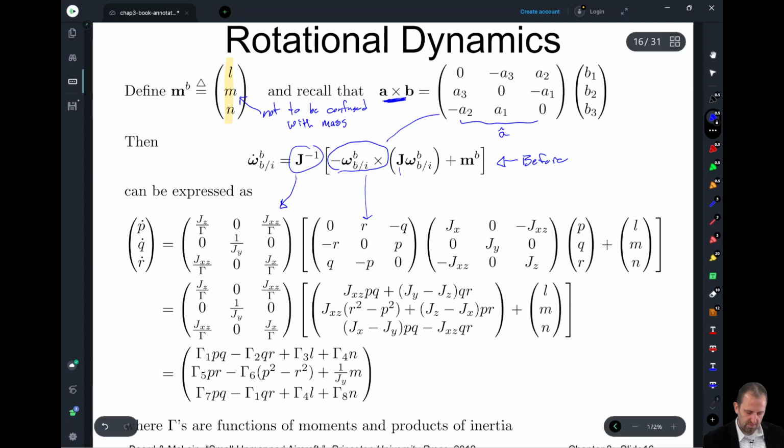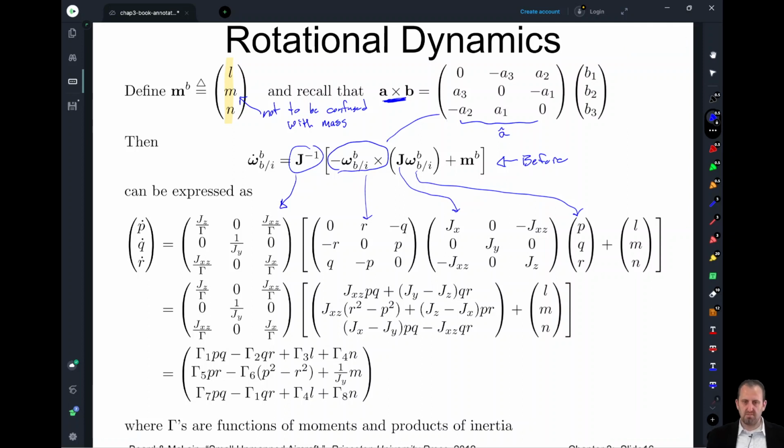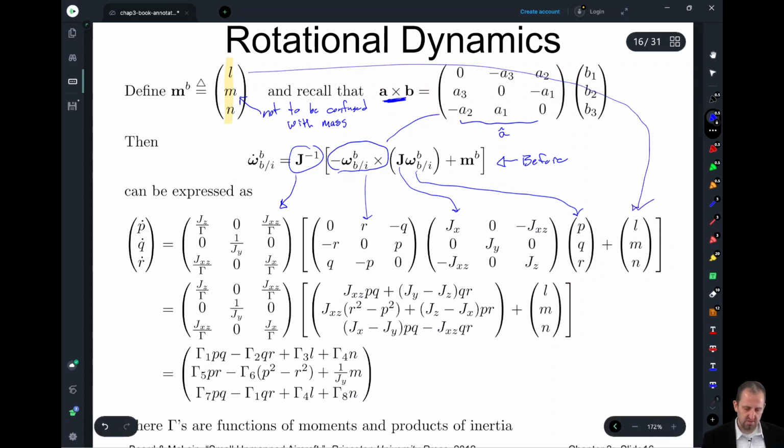Then we multiply that by J times omega sub b/i in the body frame, which is just P, Q, and R. And then we use this definition of our moment vector, not to be confused with our mass, and we plug it in.